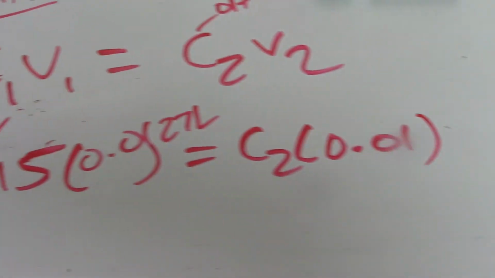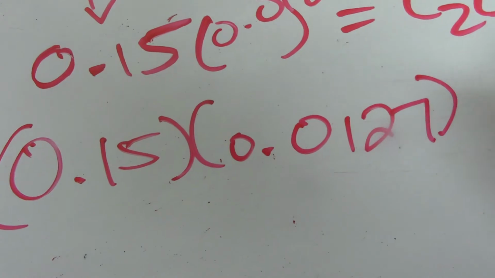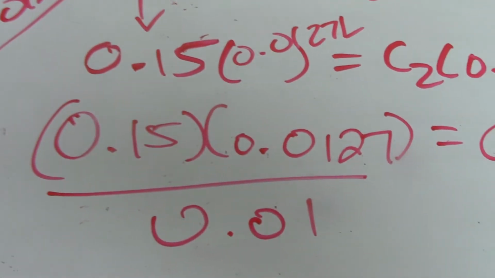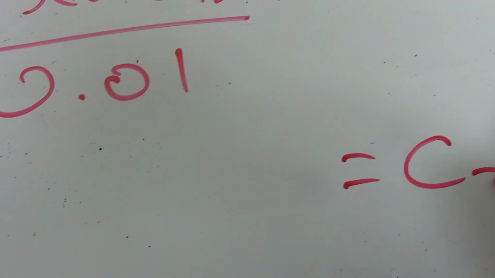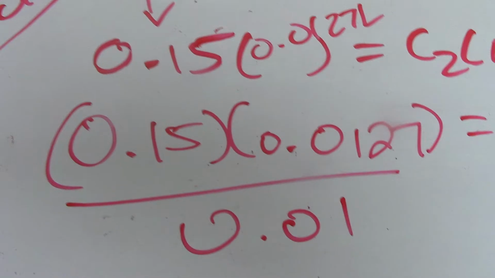So I've got my C1V1 equals C2V2, and so I know how much KHP was required to neutralize the sodium hydroxide. I know the volume of sodium hydroxide, and I know the concentration of KHP. So now we can solve for C2, the concentration of hydroxide. Okay, so let's do the math.